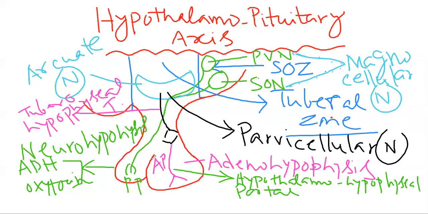Why is it a portal system? Because there are two sets of capillary networks. One is the primary capillary network, and here is the secondary capillary network.